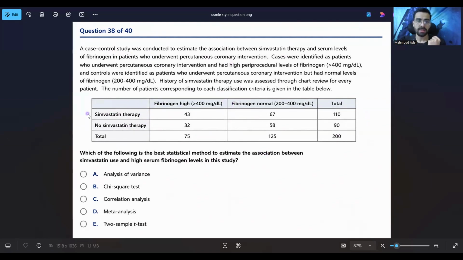So we have a categorical independent variable with a categorical dependent variable, because here he is comparing high fibrinogen with normal fibrinogen. He is not comparing levels of serum fibrinogen. If it were the level of serum fibrinogen, we could count it as numerical, not categorical. So the answer is chi-square test because we have a large sample group, a categorical variable with another categorical variable.